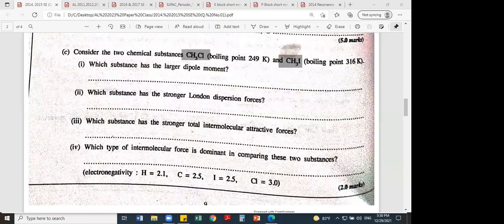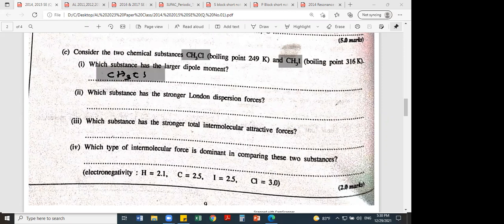So obviously CH3Cl has a higher electronegativity difference than CH3I. You can post the answer to the chat for part 1. Yeah, very good, both of you are correct. It's CH3Cl. It's not hard, right? No need to explain. Then next one.